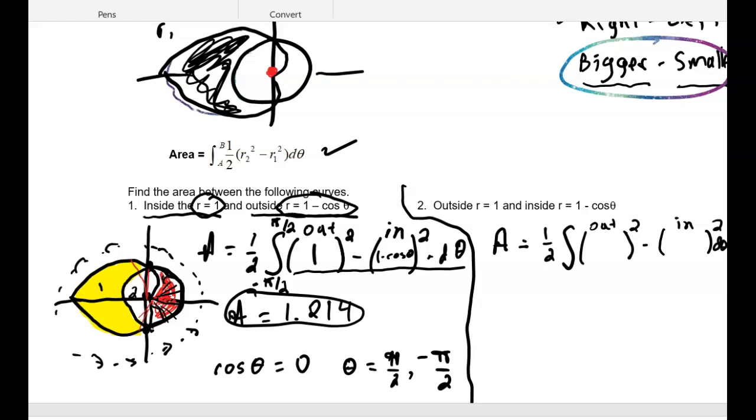Outside is always measured from the origin. As we look over here, if we draw on our radius, this curve is giving you bigger r values than this curve. So the outer curve is now the cardioid. So you're going to put the 1 minus cosine here, if you can read that. And then we will put the 1 here.